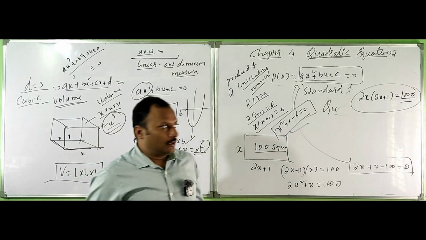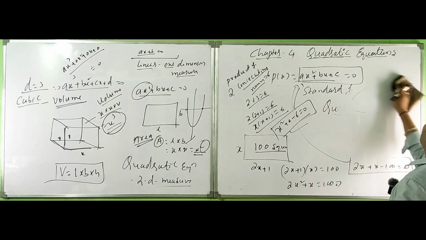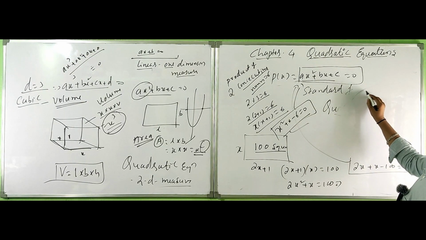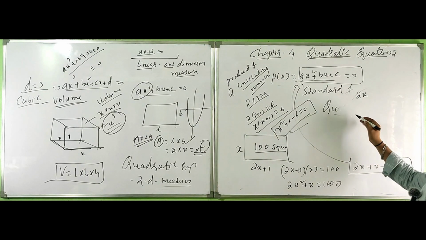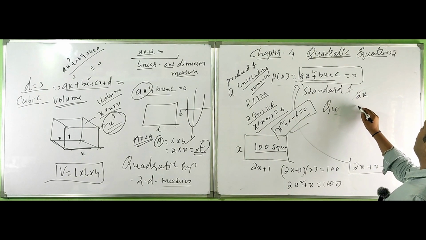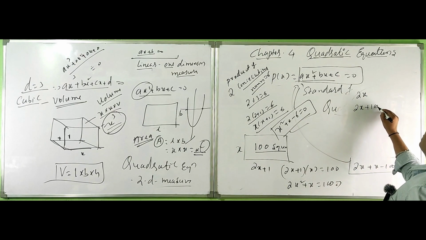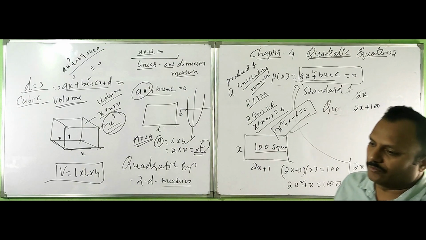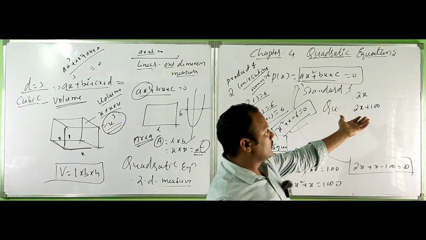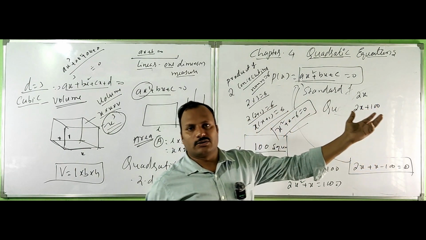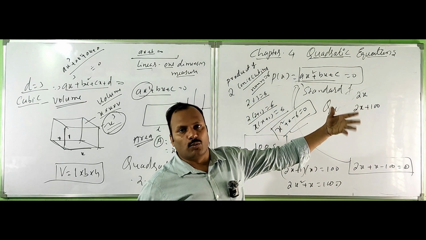Let's see, just to be specific. You went to a shopping mall, a multi-store building, and you purchased 2 pants at x rupees each, and your friend purchased the same pant with 100 rupees more.